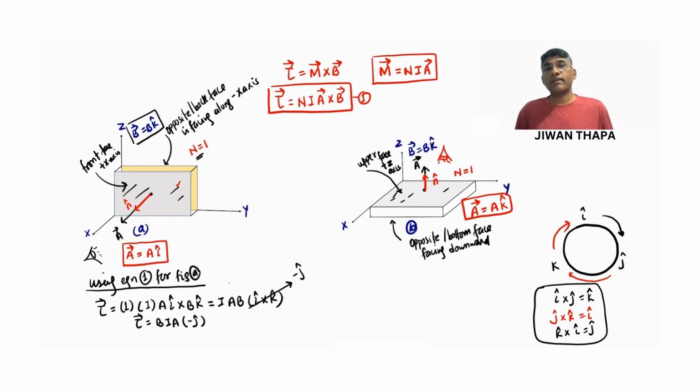It indicates that the direction of torque in this figure is acting along the negative y-axis, because we know the unit vector along the positive y-axis is j cap, and the unit vector along the negative y-axis is minus j cap.